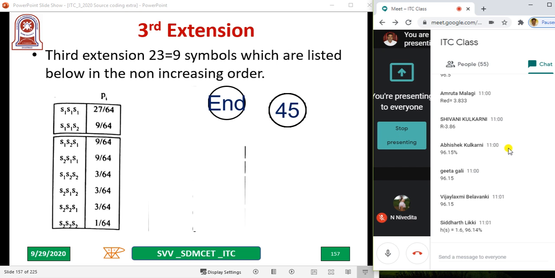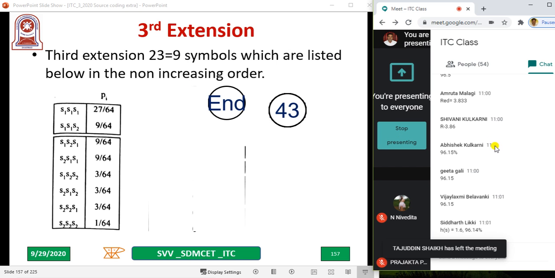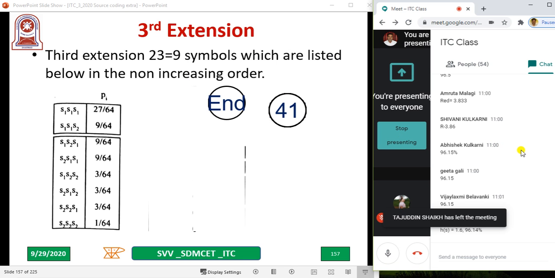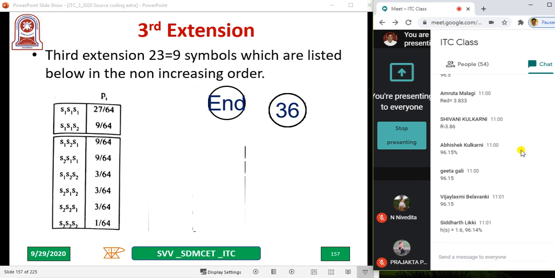Siddharth has typed H of S 1.6, 96.14. So I'll show you the next how I have done.